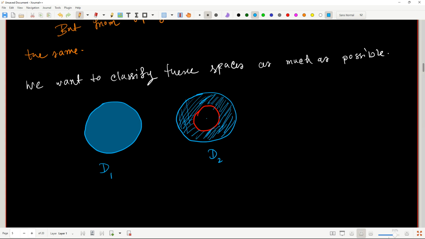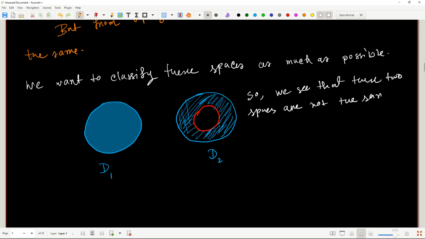So from the drawing or the figure, we can see that these two spaces are not the same. D2 has a hole inside it, right? But D1 doesn't contain a hole.